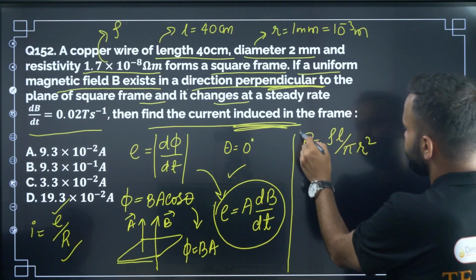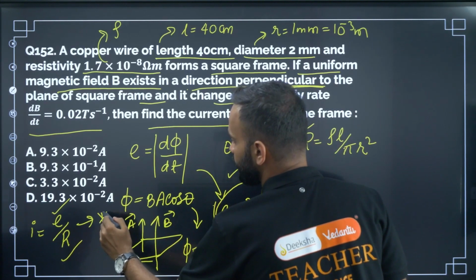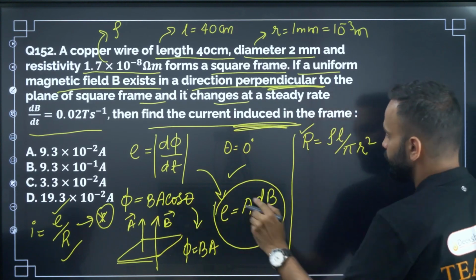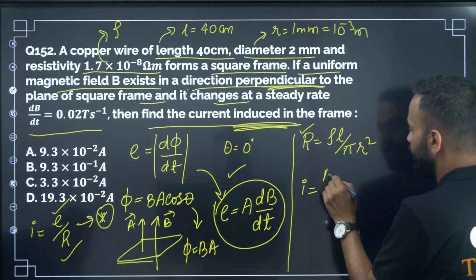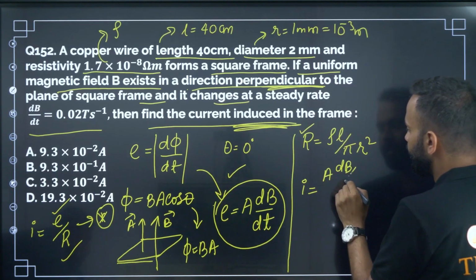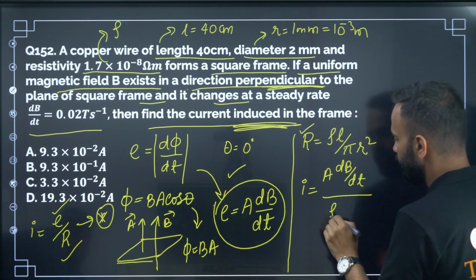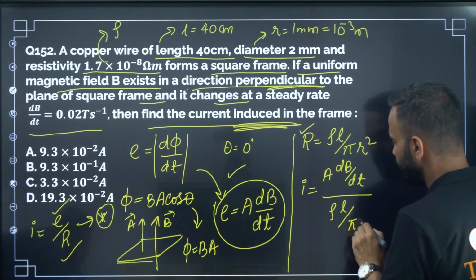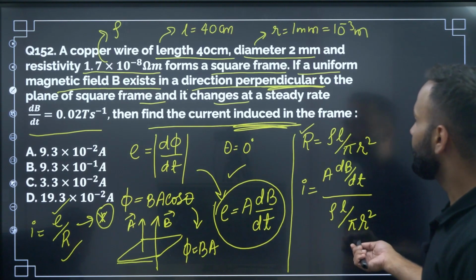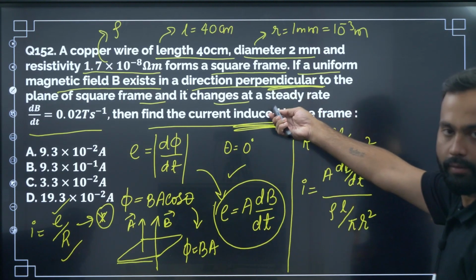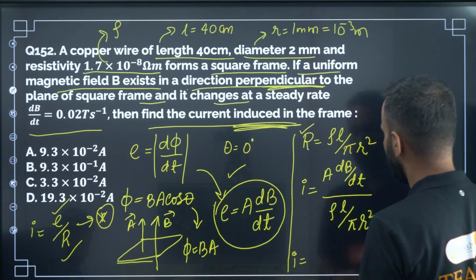So now substitute these two expressions into this formula. I is equal to E, where E is A into dB by dt, whole divided by R, where R is rho into L divided by pi into R square. That's it. Now you need to substitute the values. What is A?